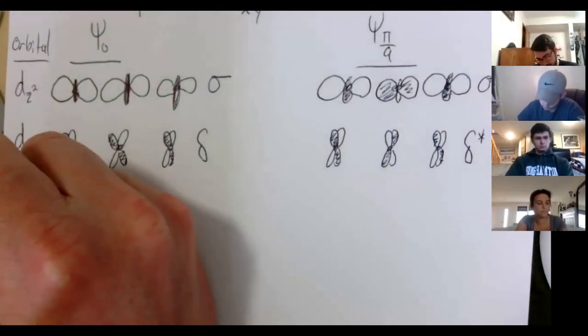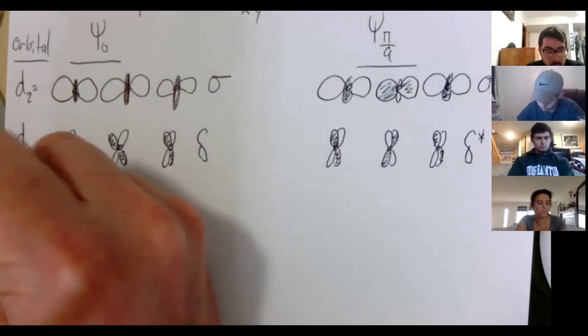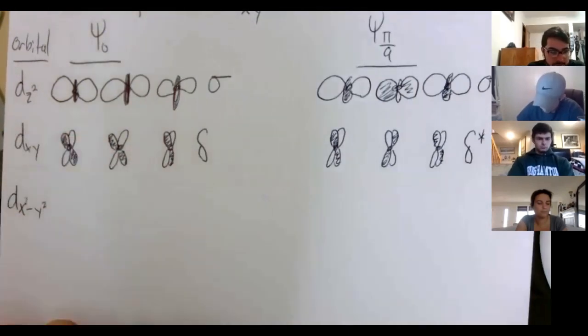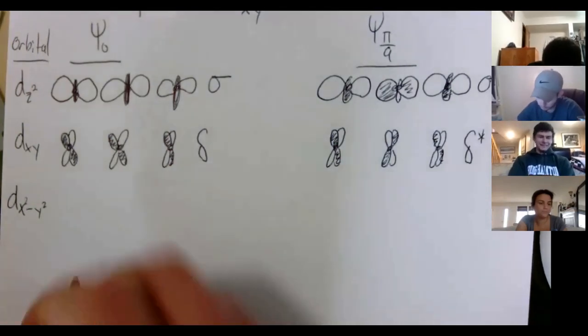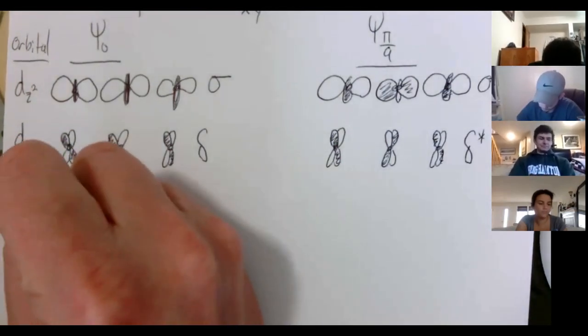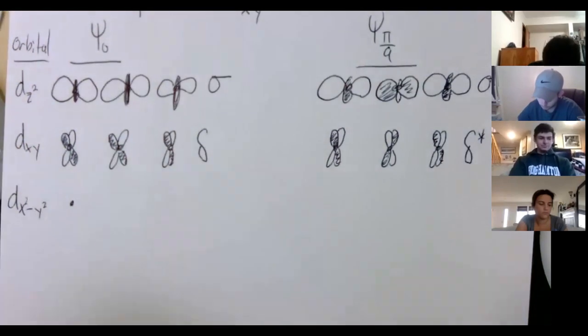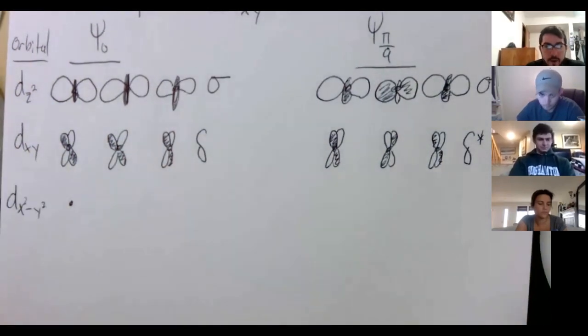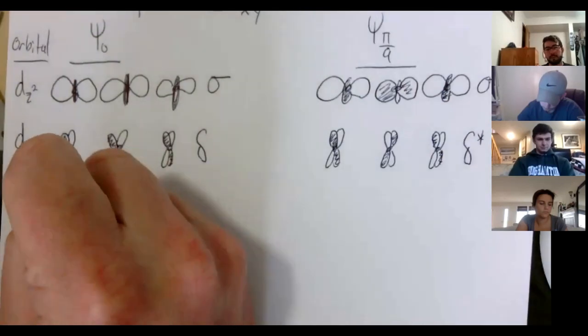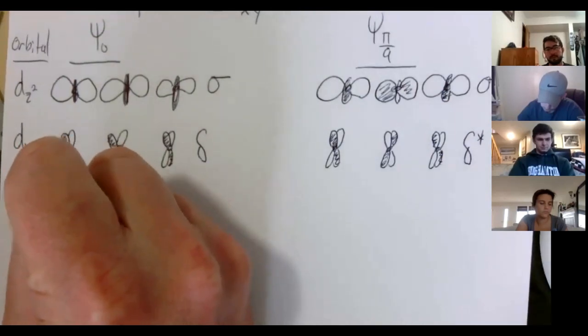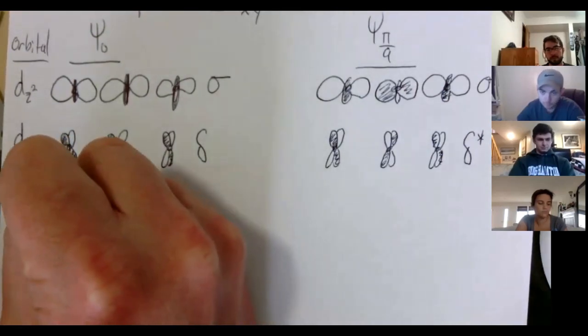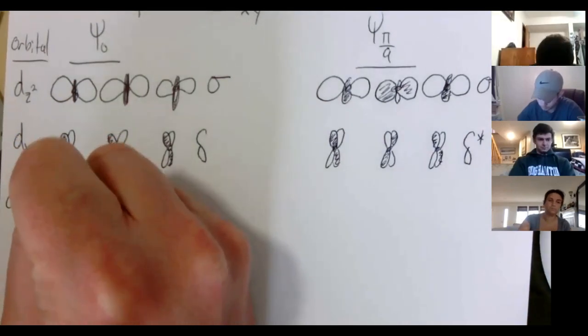Let's do d x squared minus y squared. That one's going to look terrible. We're going to try our best to draw it. The way all of that happens is this dxy shifts about 90 degrees. We're going to have one orbital that comes out, one that goes in, one that's straight up, one that's straight down.